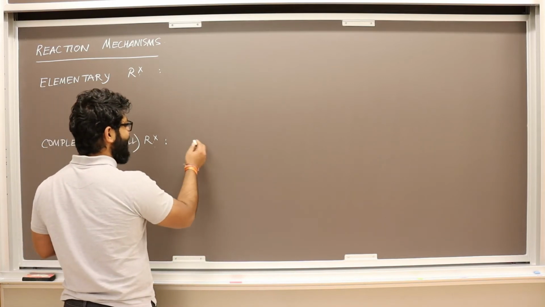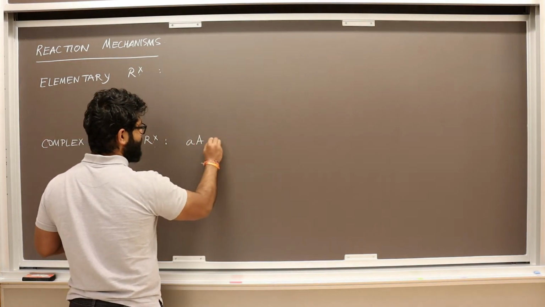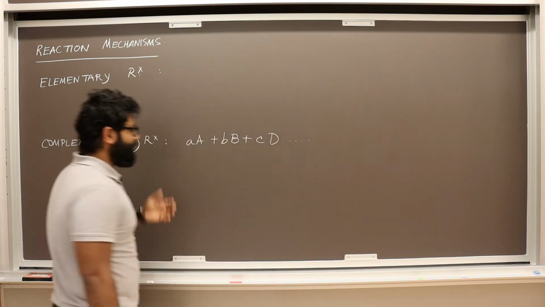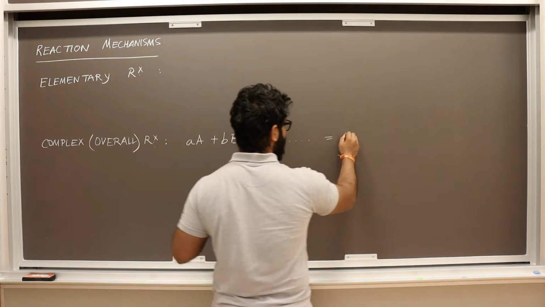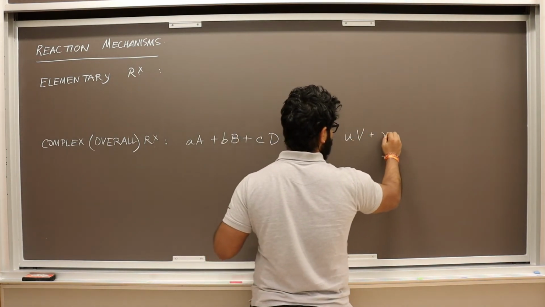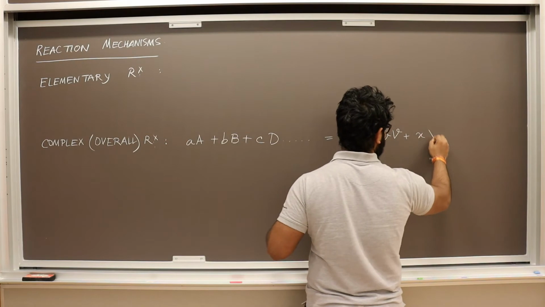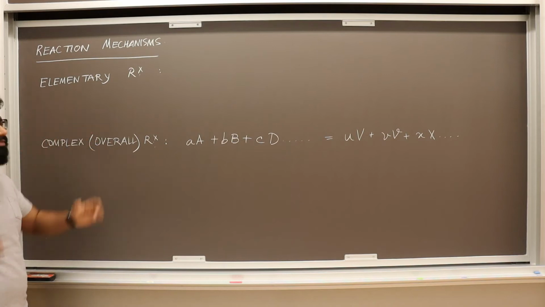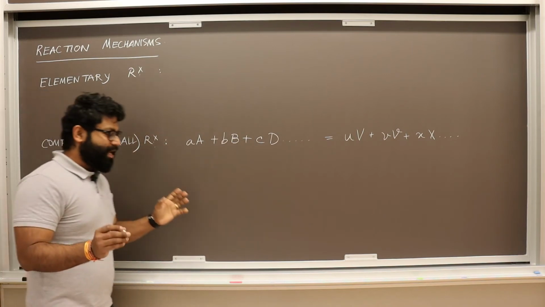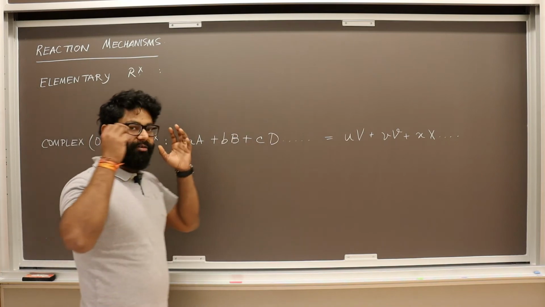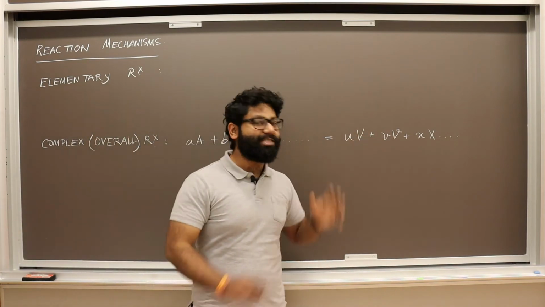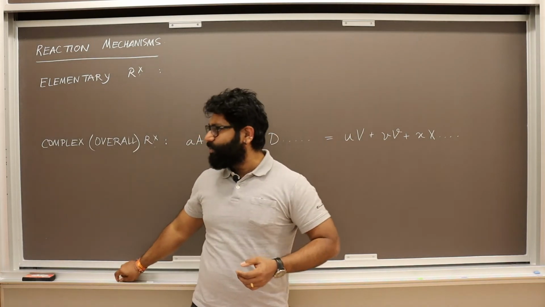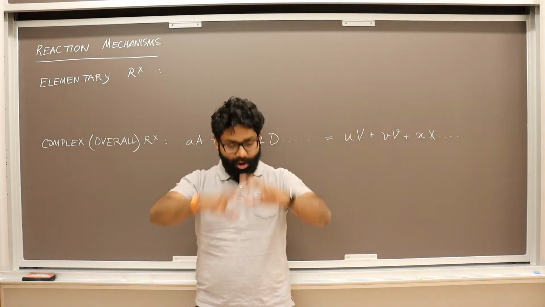So if you have all the different reactants on one side and the products on the other side, this complicated overall reaction will give you a big picture and will tell you, okay, if you start off with all these reactants, in the end you will get these many moles of products. So this will just give you the overall big picture scenario of the whole system.